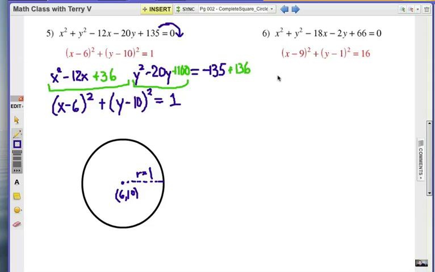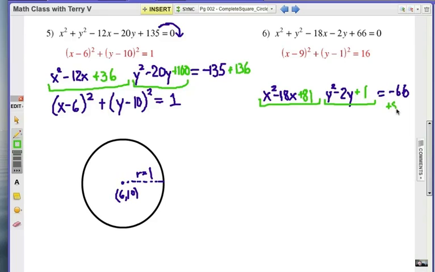We're going to group our x's and y's together, move the constant over to the other side. Now it looks like that. Let's complete the square here for the x group. That would be negative 9 squared. And half of negative 2 is negative 1, so that would be positive 1 squared. So really, I added 82, didn't I?